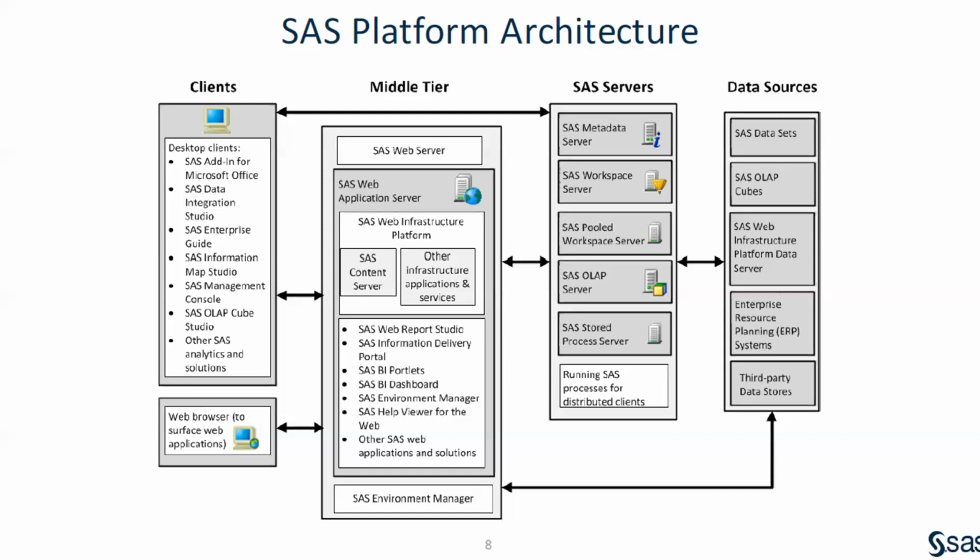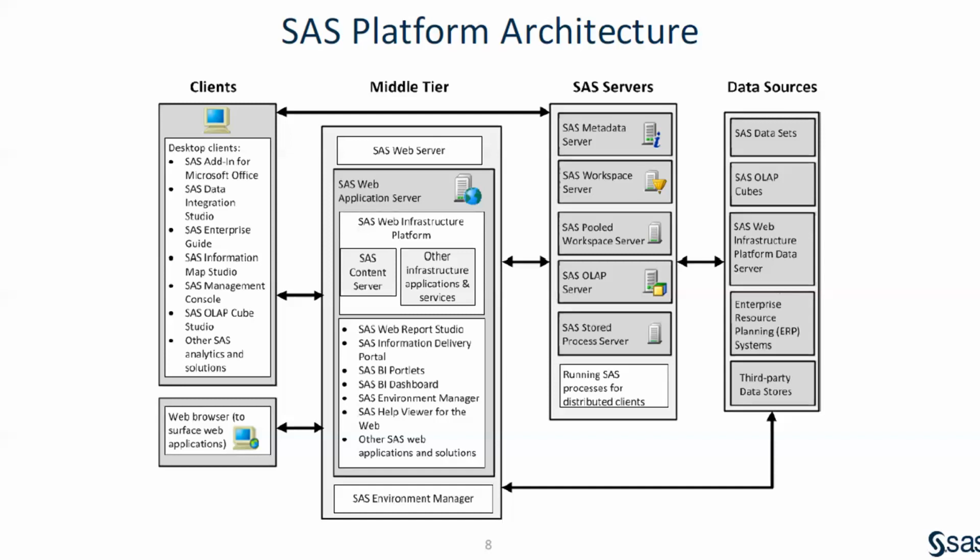Then we have different types of servers. We call all these servers the server tier. So we have a metadata server, workspace server, pooled workspace server, OLAP server, stored process server. Like that, we have different types of servers, and we'll be discussing all these servers in detail later. Then coming to the data tier. What's the data tier? We have different types of data sources.